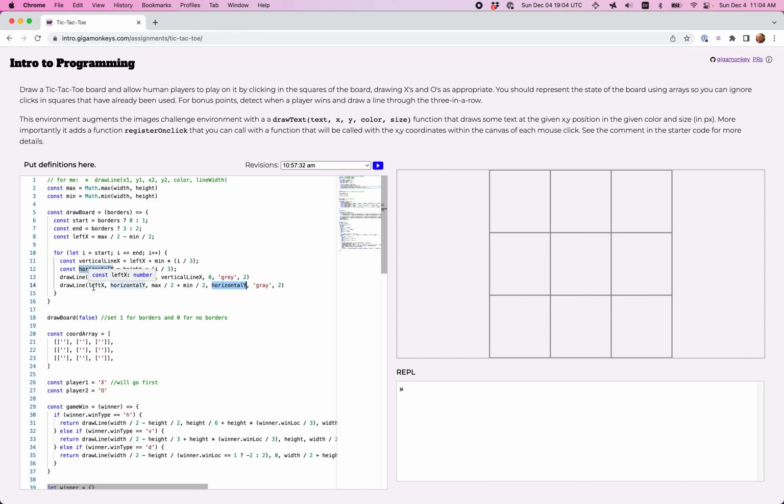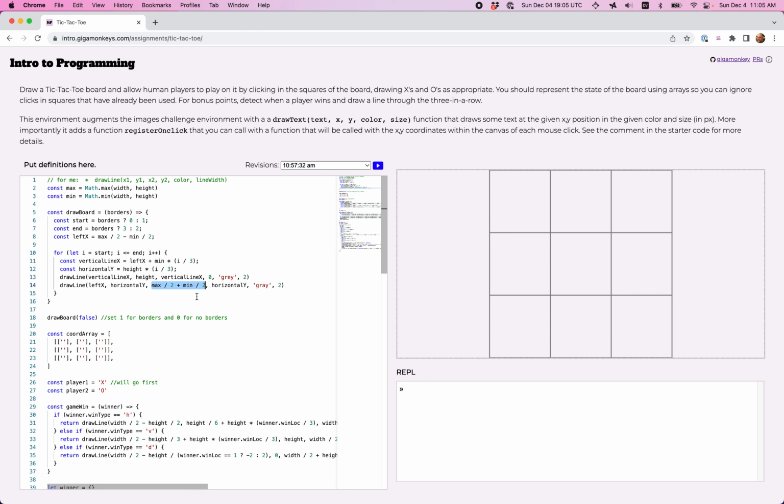And so this is drawing a line from the left side to max divided by 2 plus min divided by 2. So that's the same as what? I'm a little confused by that.